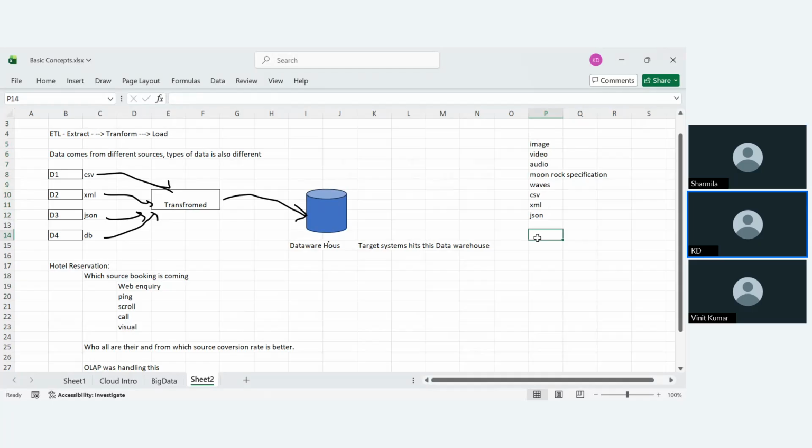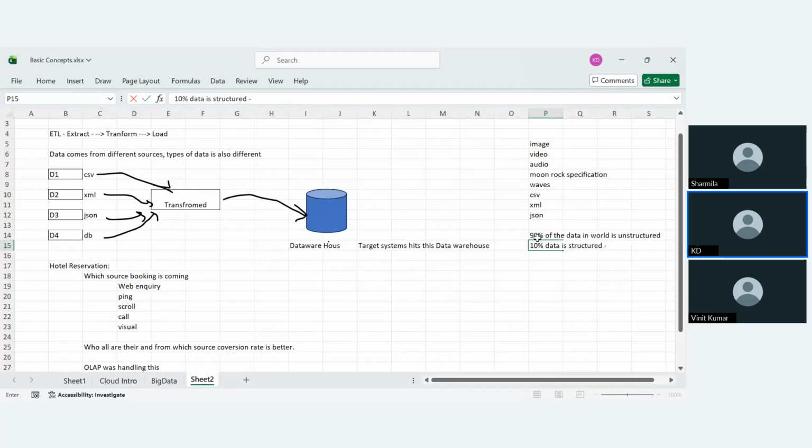And 90% of the data in the world is unstructured. Whatever data you are seeing anywhere in the world, 90% of data is unstructured. Just 10% of data is structured.